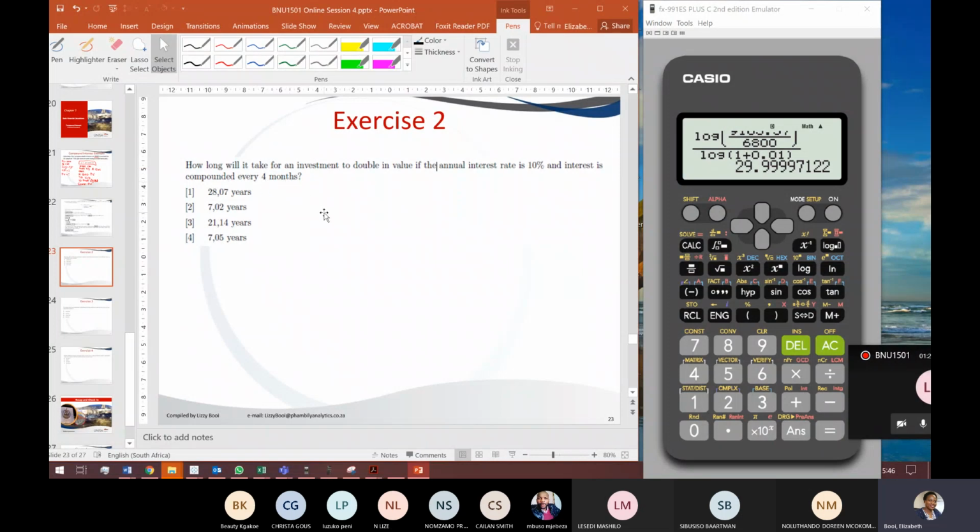What will be every 4 months? How many months does a quarter have? 3. And when it has 3, then it means the compounding periods will be 4. So here you can use the reverse psychology.